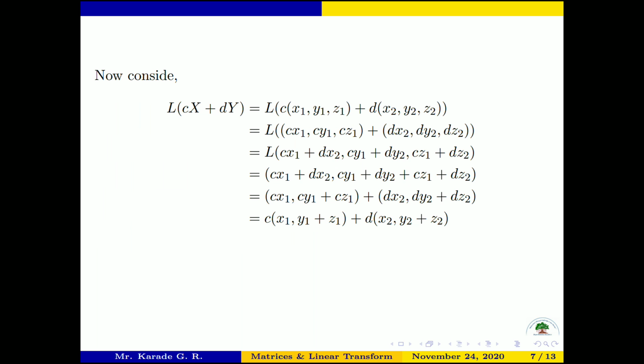Let us take c common from the first vector and let us take d common from the second vector. c into this vector is nothing but, by the definition of L, L of (x1, y1, z1), plus d into L of (x2, y2, z2).